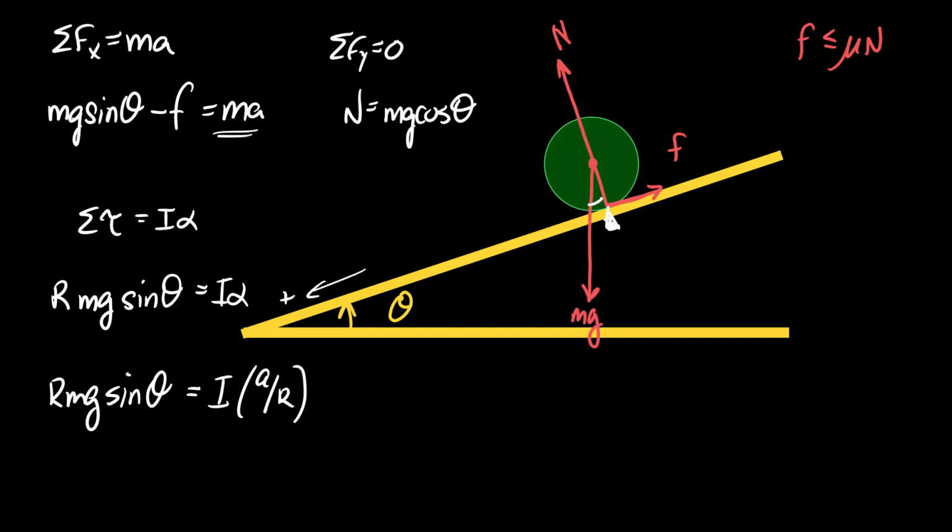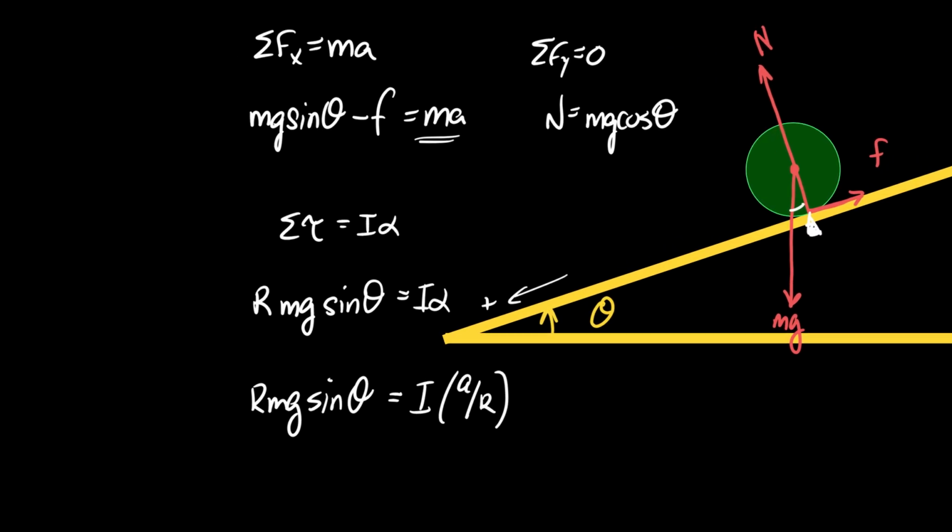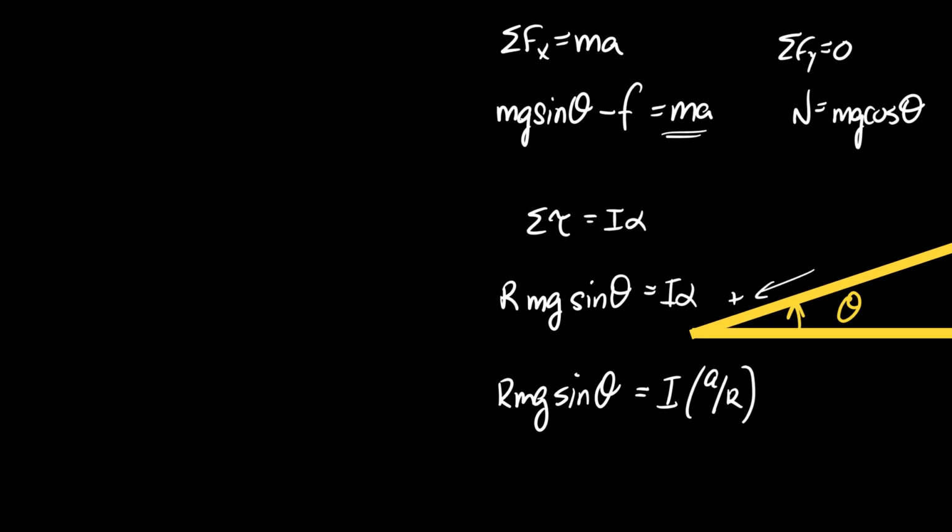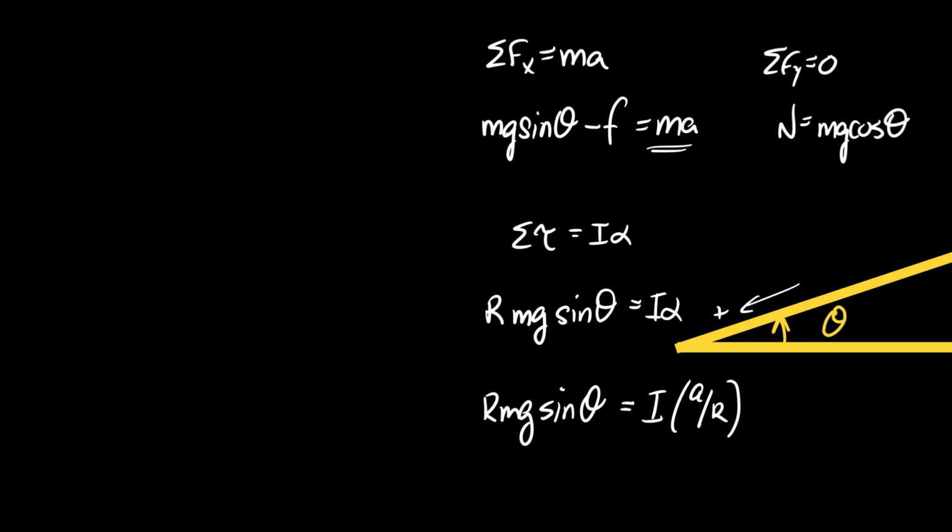I'm kind of running out of space because I'm writing nice and big so the people in the back can see. So I'm going to just slide that over a little bit. And I will write one more just so we have it all down. R squared mg sine theta all divided by I parallel equals a.